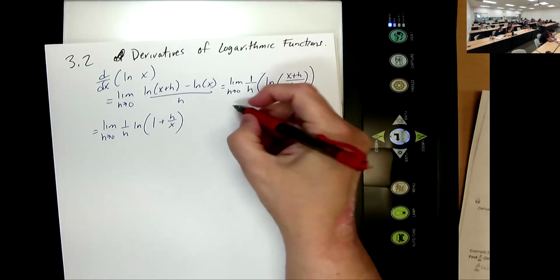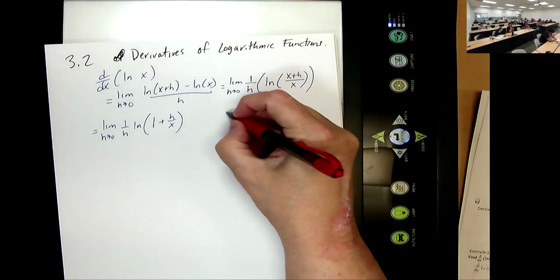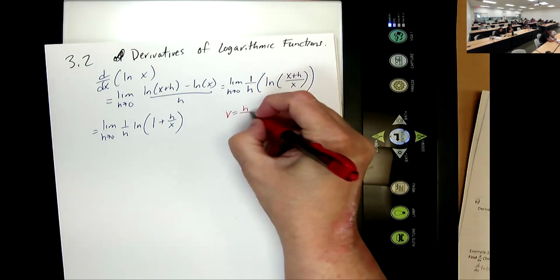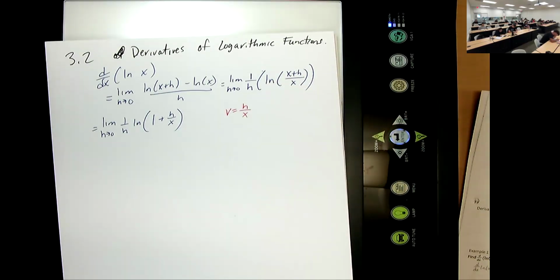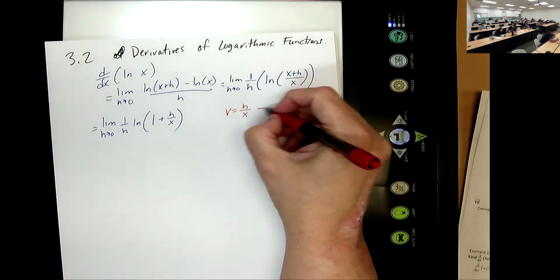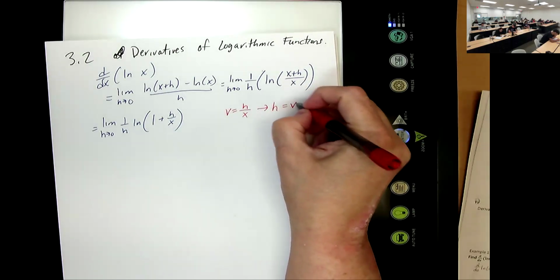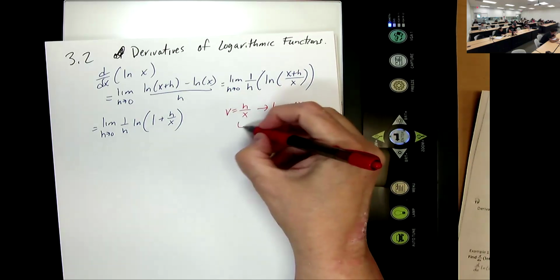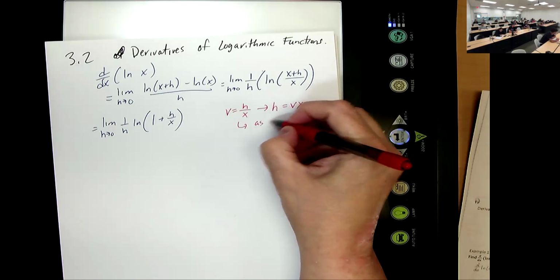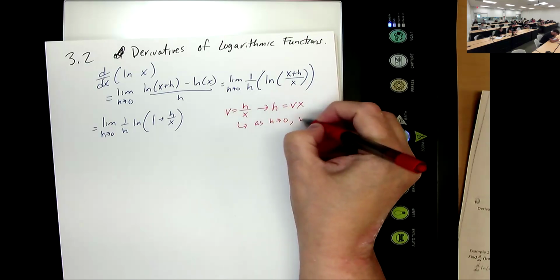I used v in the lecture notes, so I'm going to use v here. I'm going to say v equals h over x. So that means h equals vx. I clear fractions. And this also tells me as h goes to 0, v is going to 0 also.